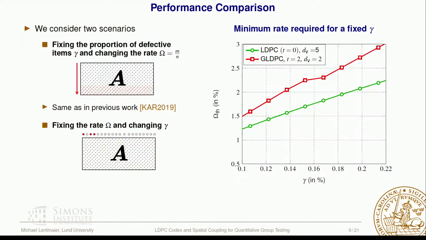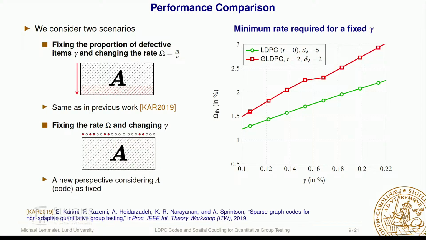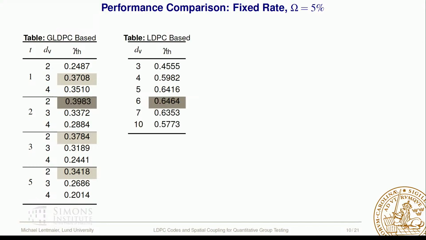As you see, we're just increasing the number of red items and seeing how far we can go. This is a table of results. This is the generalized LDPC code, the original scheme. This is the LDPC code scheme, and we see that our result is again better than all of those, independent of what parameters we choose for the generalized LDPC codes.